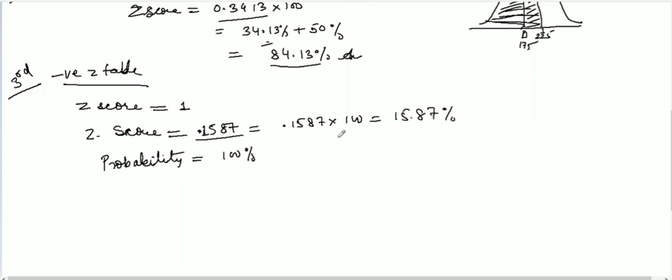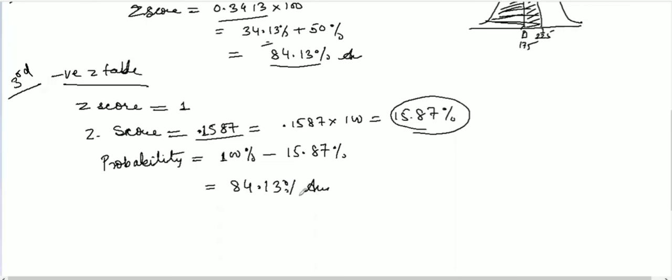Now as the negative area is given, you have to subtract this area from the 100% area. So 100% minus 15.87%, if you subtract it, you will get 84.13%. So this way we use the different types of Z table.